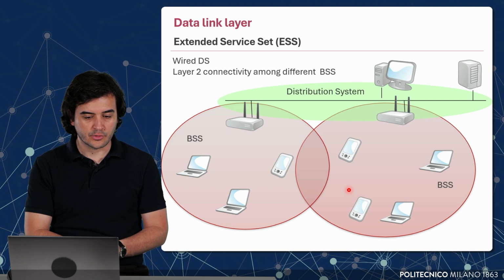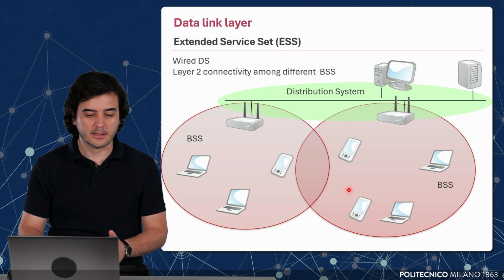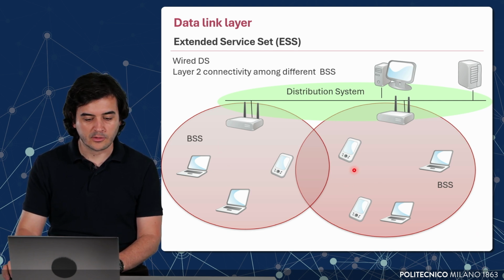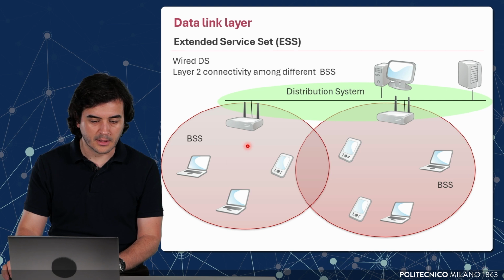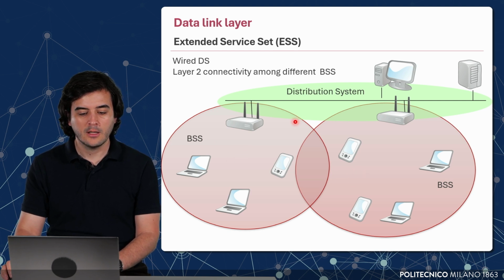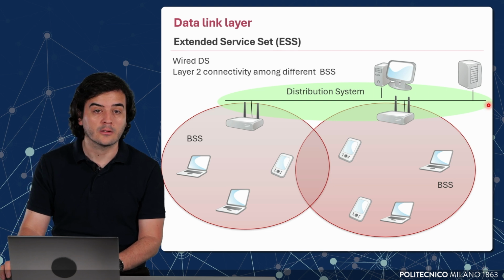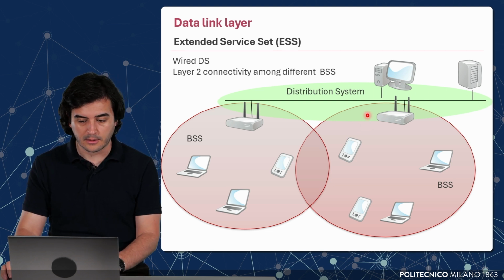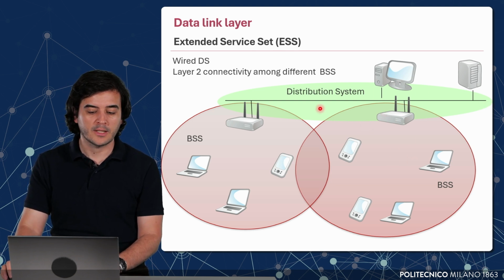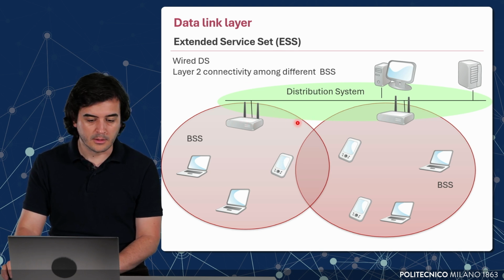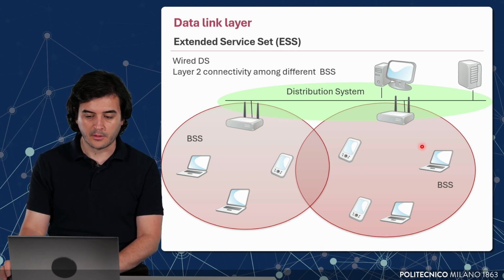And as mentioned before, the extended service set implies the interconnection between different basic service sets through a distributed system, which can be a connection in a local area network through Ethernet and so on, that allows the exchange of information from one access point to another access point.